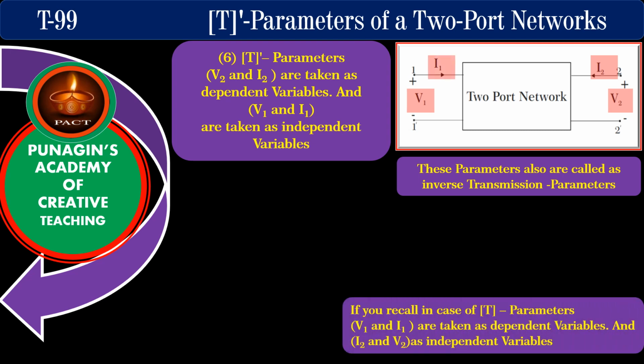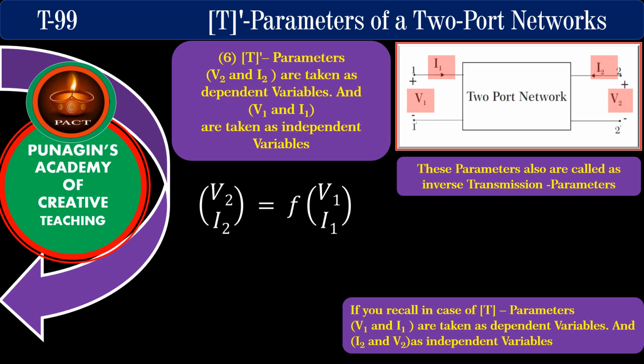If you recall, in case of T parameters, we took V1 and I1 as dependent variables and I2 and V2 as independent variables. And you see that in case of T prime or inverse transmission parameters, dependent and independent variables are interchanged. So, depending on the dependent and independent variables, we see that V2 is a function of both V1 and I1, and similarly, I2 is a function of both V1 and I1.